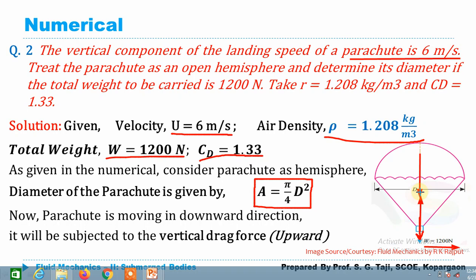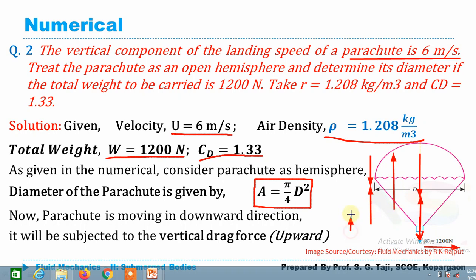If they are not equal, say the drag is greater than the weight, then the parachute will be lifted in the upward direction. It won't come down and will never land on the ground surface.